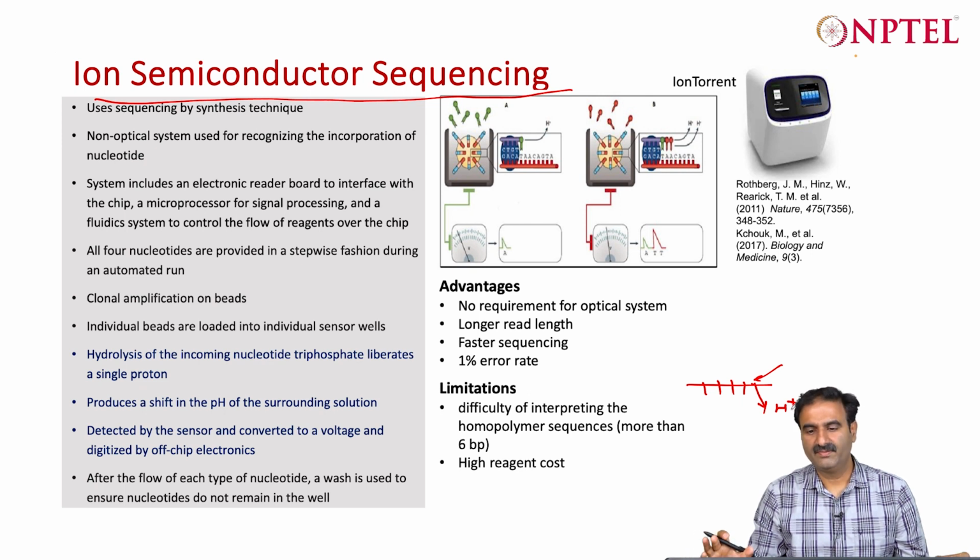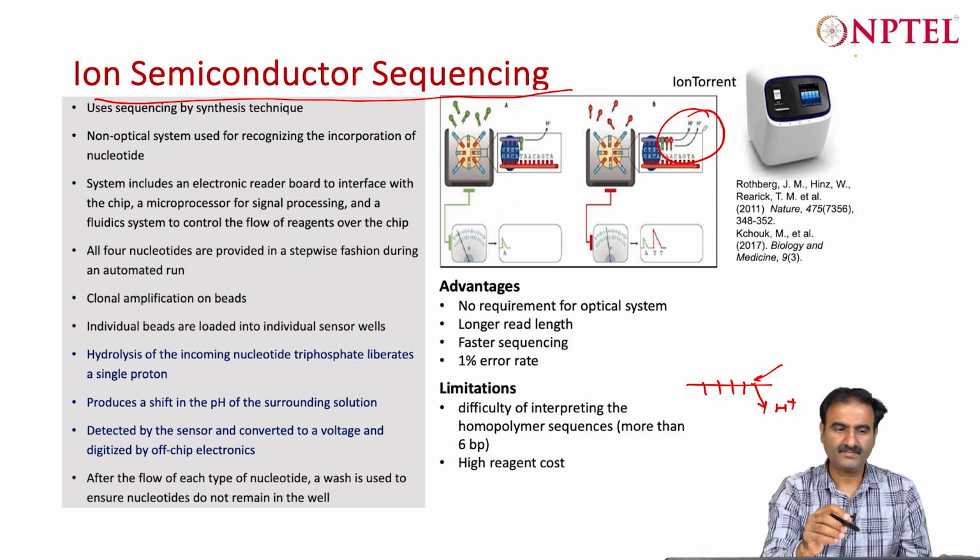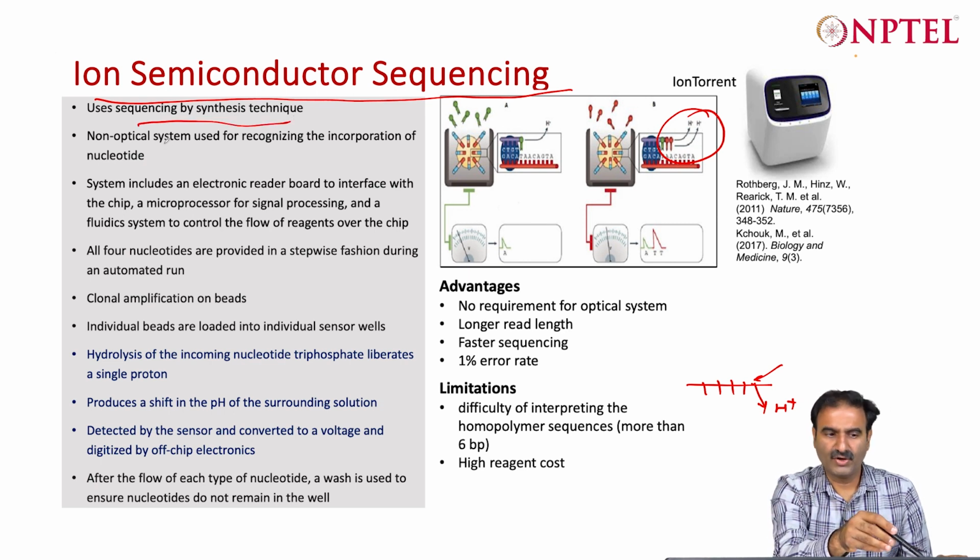So this principle is being exploited here: for the insertion of every nucleotide, the proton that is released can be captured and read, based on the change in pH in the system, and it can tell that the reaction was successful, that means one nucleotide was inserted. So basically again this is a sequencing by synthesis method, and it's non-optical but uses a very smart and very sensitive pH sensor, right.